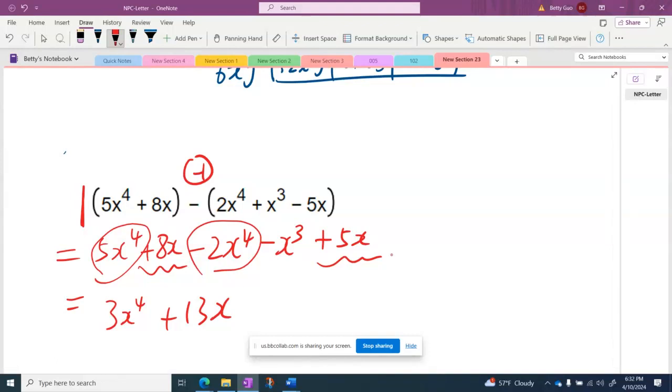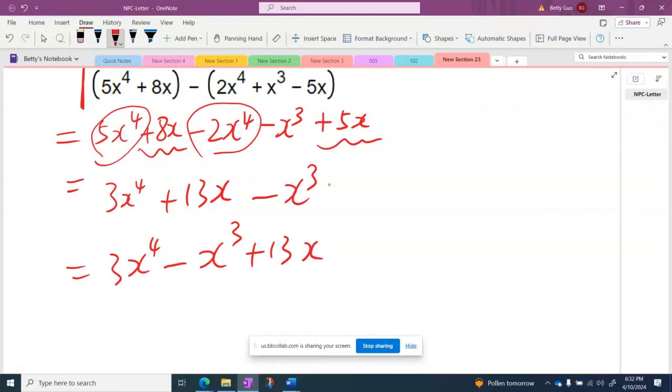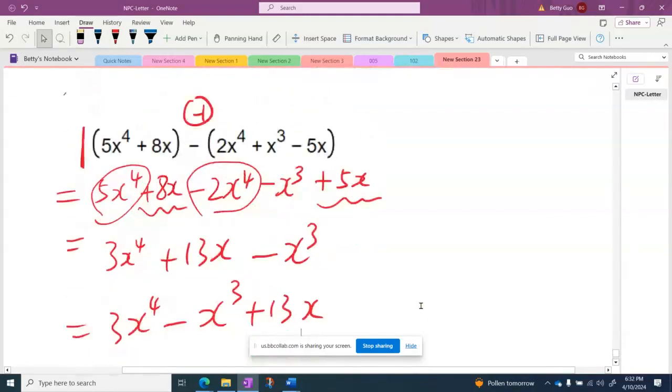And then we have one more term, minus x cubed. I switch the order and write negative x cubed in front of 13x because that term has a higher exponent.